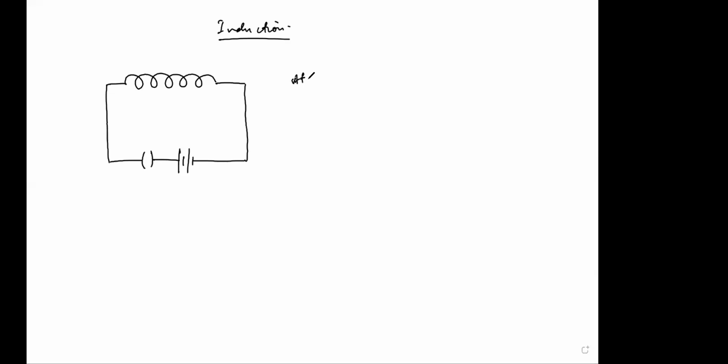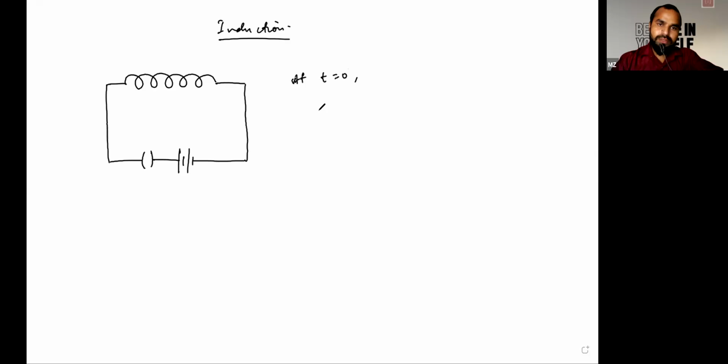No, sir. So at time t equals 0, when the switch is in off state, current is 0, magnetic field is 0. So net flux to this particular coil would be 0.